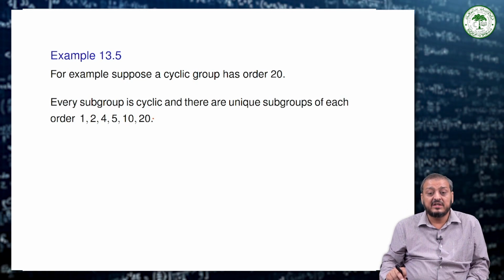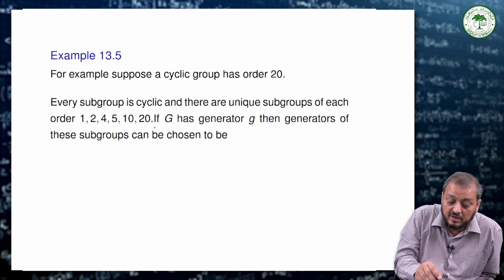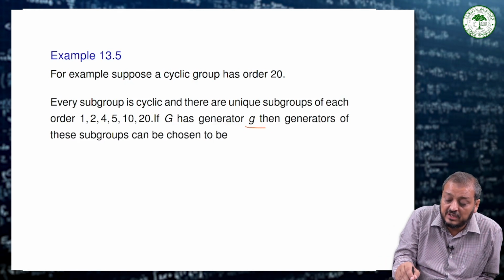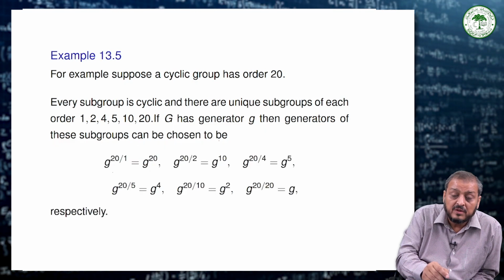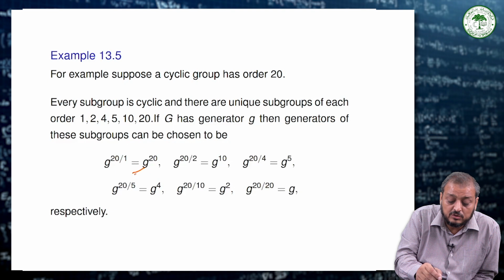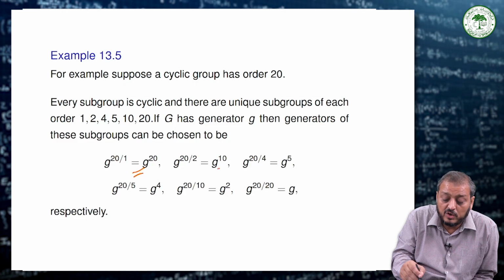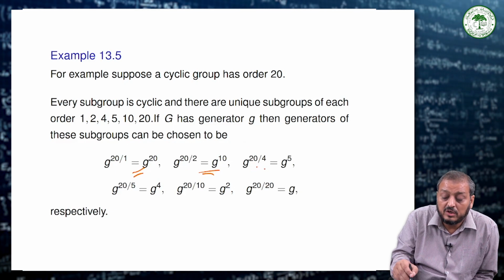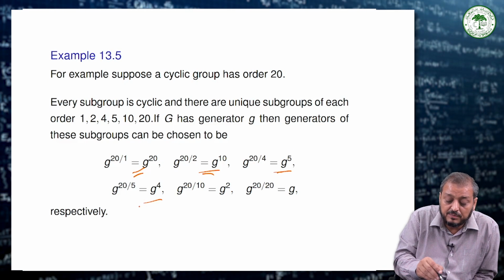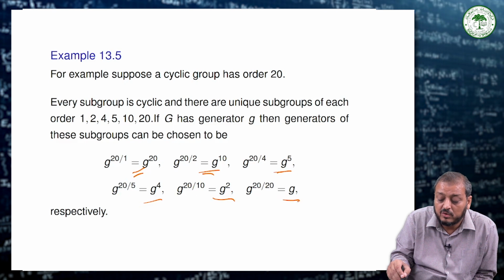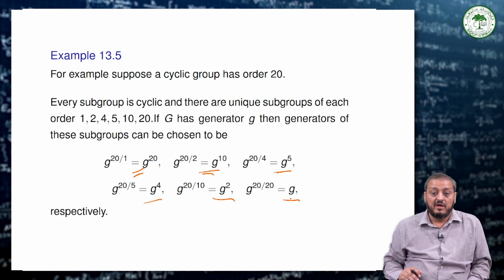If G has a generator g, then the generators of these subgroups can be chosen to be g to the power 20, g to the power 10, g to the power 5, g to the power 4, and g to the power 2, and g respectively.